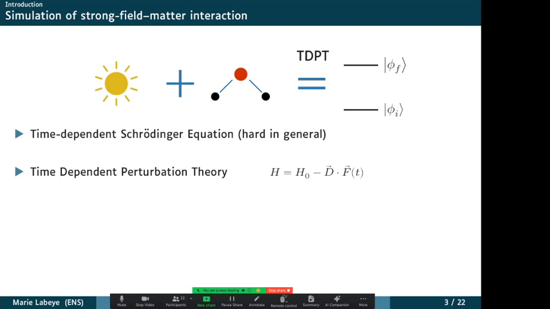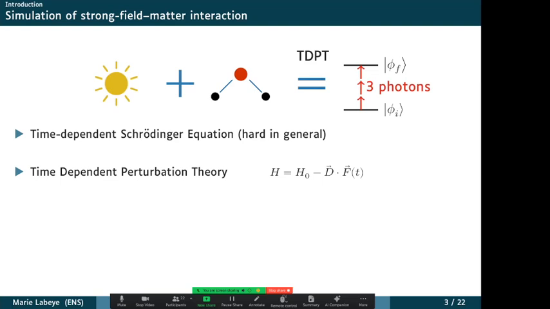In that case, time-dependent perturbation theory allows us to compute the probability of transition between states, which can be understood by a picture of absorption or emission of one or several photons, depending on what order of time-dependent perturbation theory you go to.